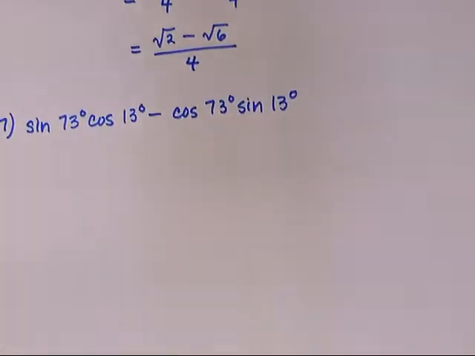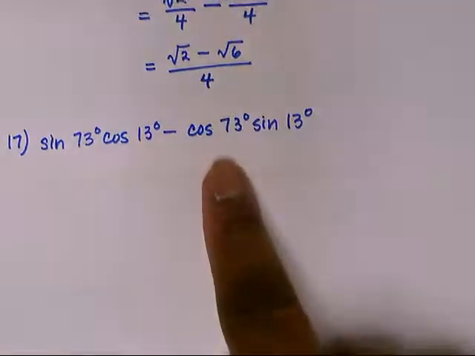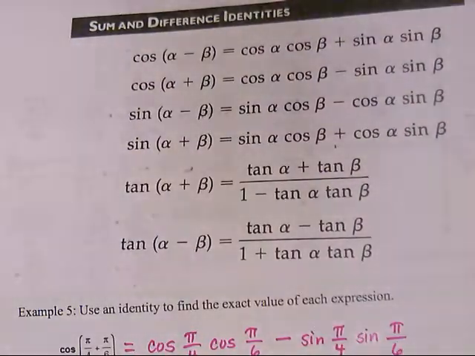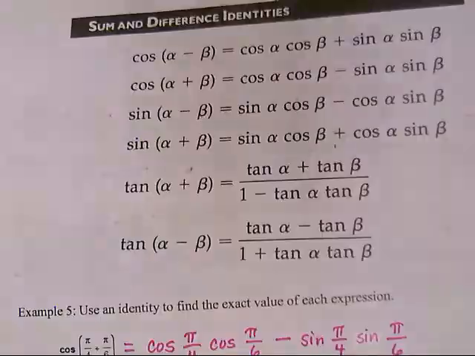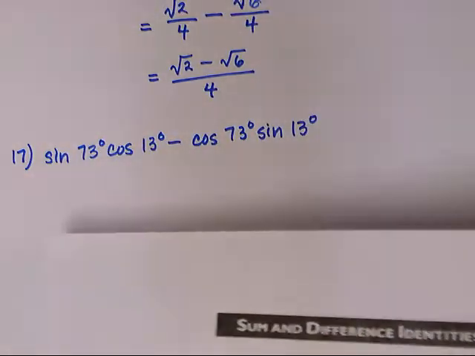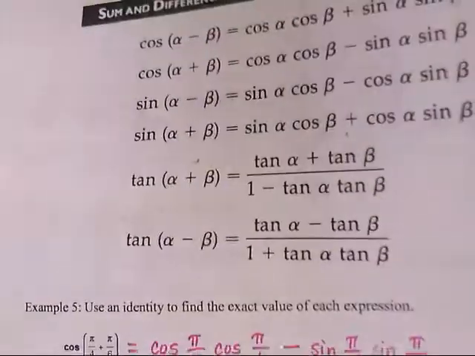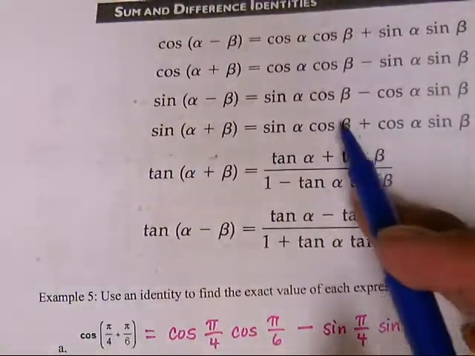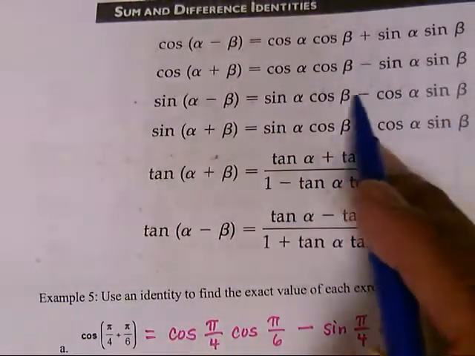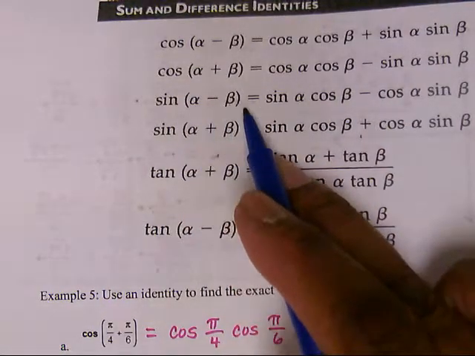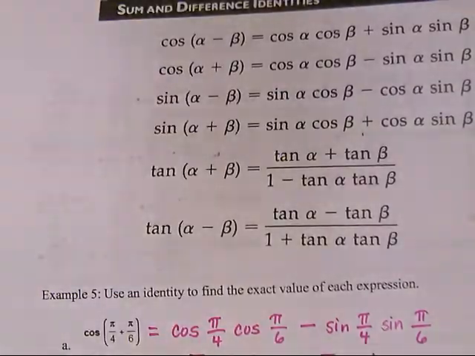In this case, we need to find out which one of these sum and difference identities match up to the one that I have. Because in this case, I got the sine times the cosine minus cosine times the sine. That's this one right here. So that means I'll write that as the sine of alpha minus beta.